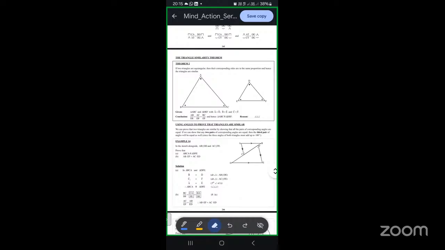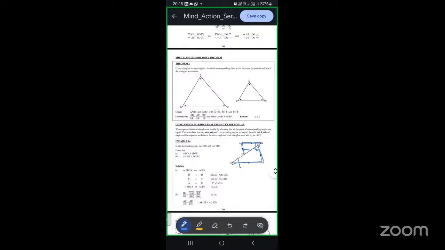Now, using angles to prove that triangles are similar. Example 14. In the sketch alongside, AB is parallel to DE, and again AC is parallel to FE. Therefore, if those lines are parallel, this angle will be equal to that, and this will be equal to that, corresponding angles.